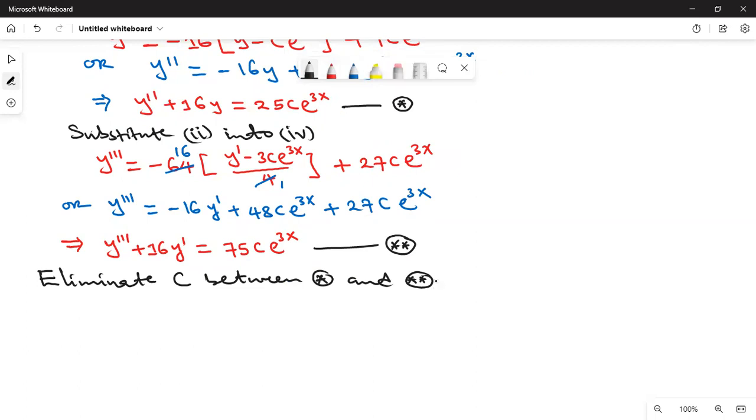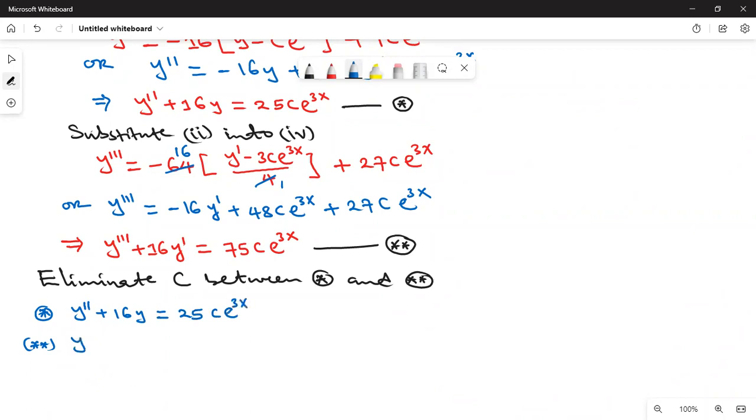Let me write those equations before I even multiply. So we'll write equation star and star star. Our equation star is y double prime plus 16y is equal to 25c exponential 3x.